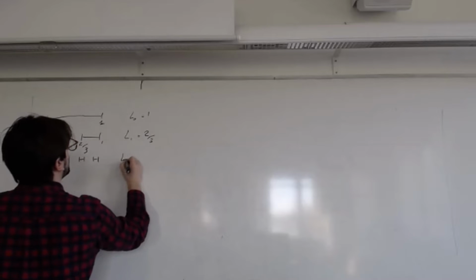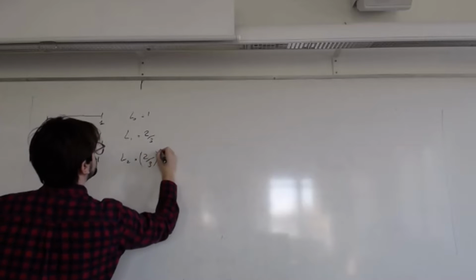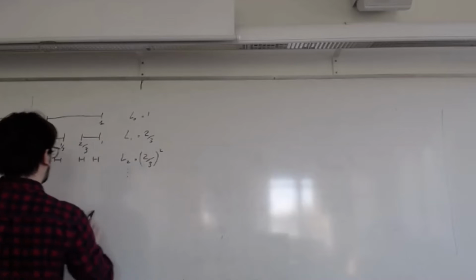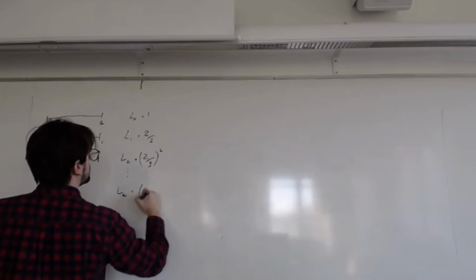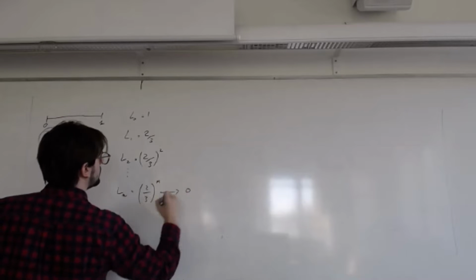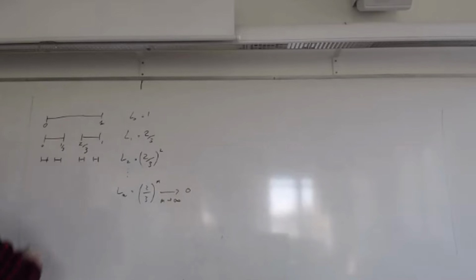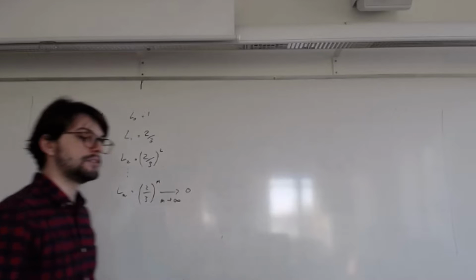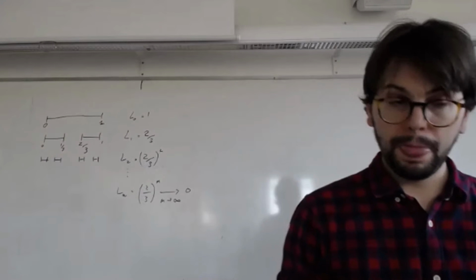Okay, so L2 is equal to (2/3)^2, and so on and so forth. You arrive to a set which has this length that goes to 0 for n that goes to infinity. So after many steps, the measure of this Cantor set will be shorter and shorter until finally it goes to 0.